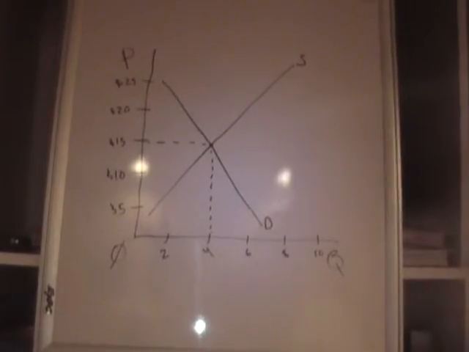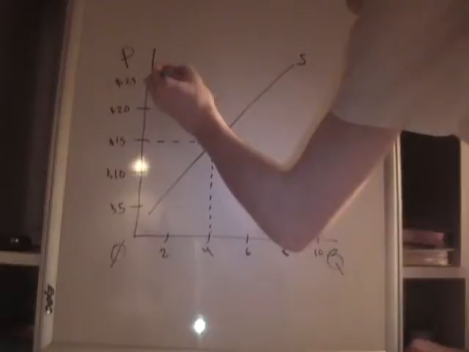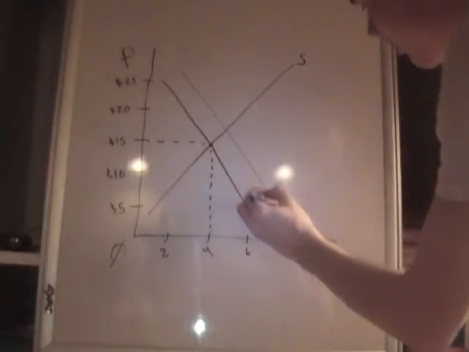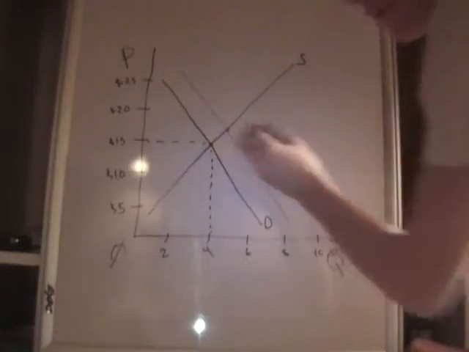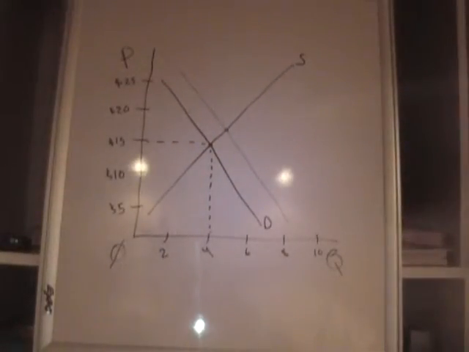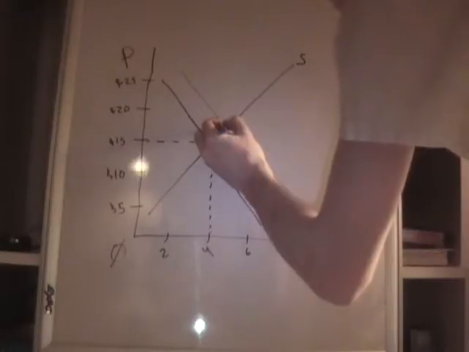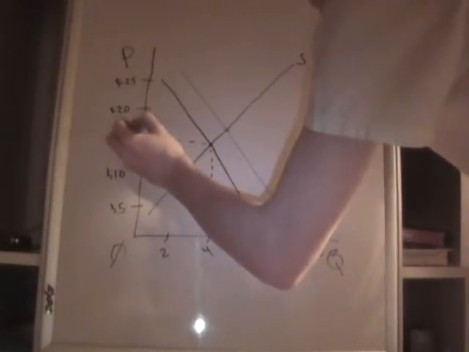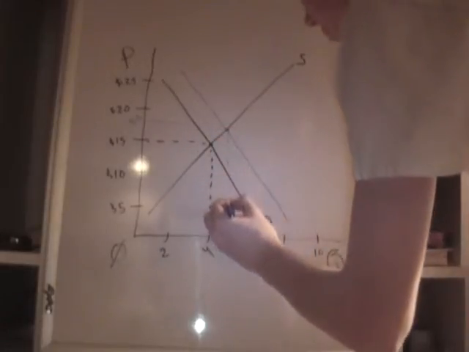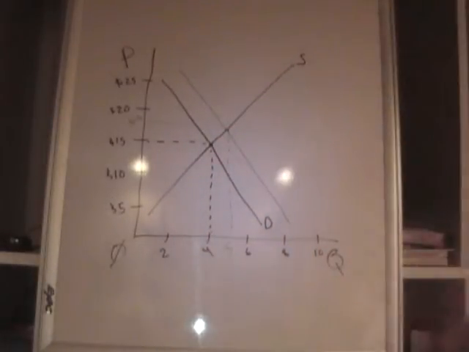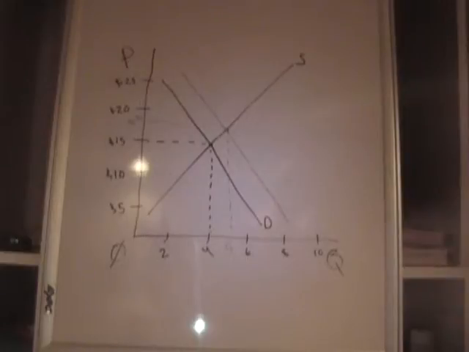If demand increases, so shifts to the right, the price increases, we see here, to about 18, and the quantity produced increases to 5. So their revenue goes up.